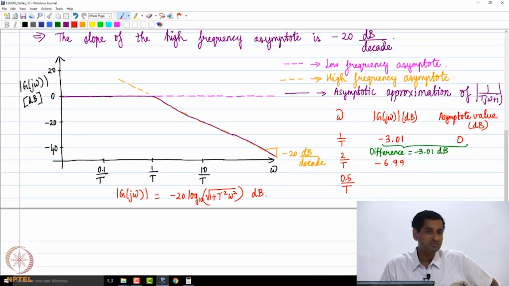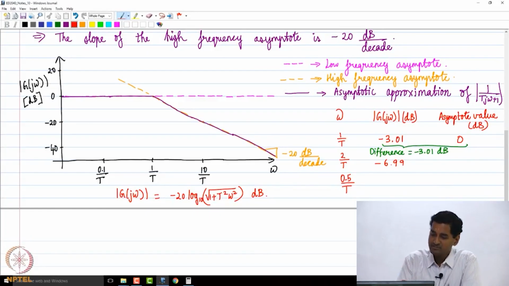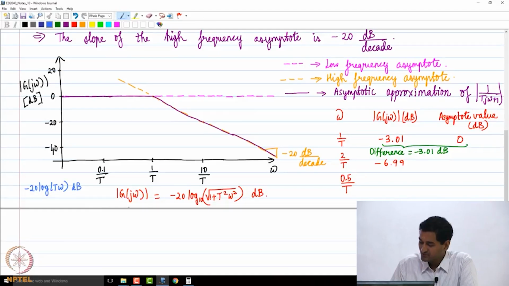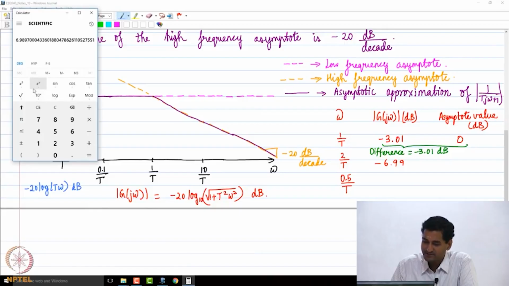You are going to get minus 20 log 2, right? Because please recall, the high frequency asymptote is going to be minus 20 log T omega in decibels. So when you substitute omega equals 2 by capital T, you get minus 20 log 2. So what is minus 20 log 2? Let's quickly calculate that. Although it's going to be pretty straightforward, let's do that.